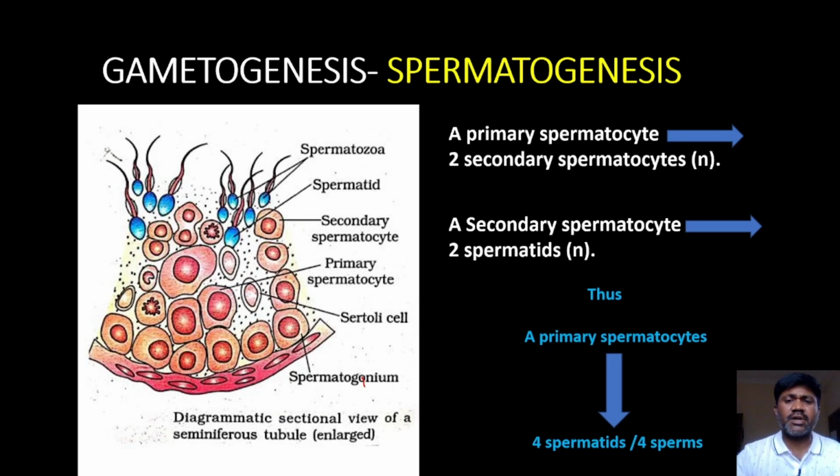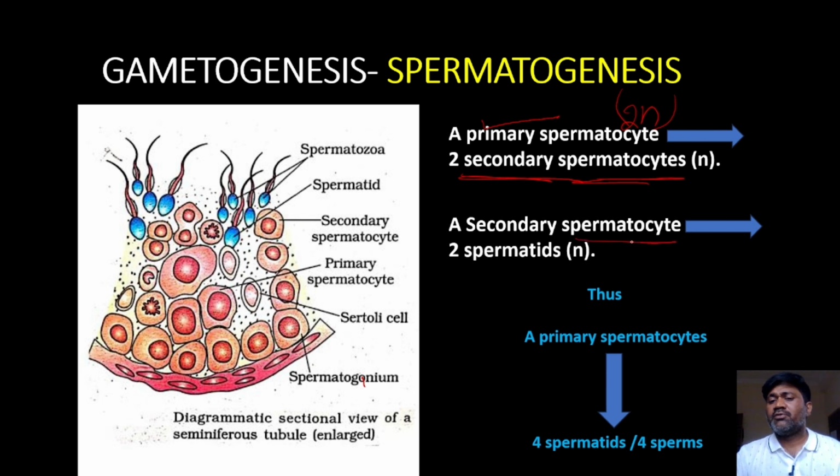Look at this, you can understand very clearly here. One primary spermatocyte can give how many secondary spermatocytes? 2. Primary spermatocytes are diploid, and secondary spermatocytes are haploid.